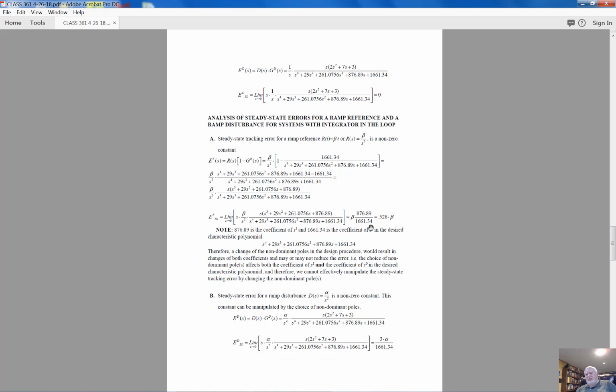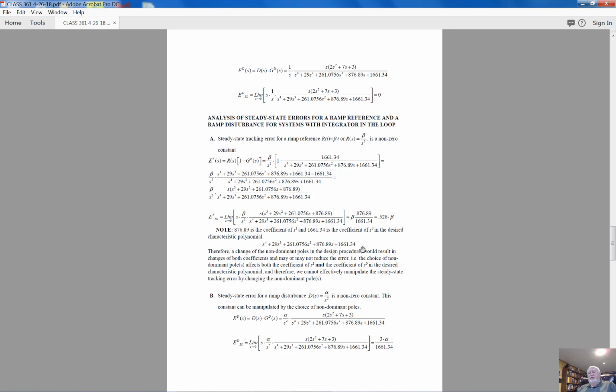This 1661.34 is the zero order term, but 876.89 is the term for S in the power of 1. And this is bad news for us, because normally I would be able to change only this zero order term. Not in our situation, not in our situation with the ramp.